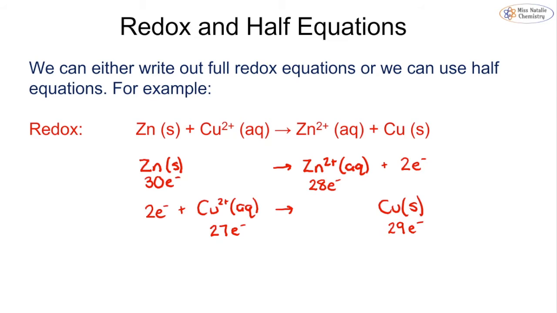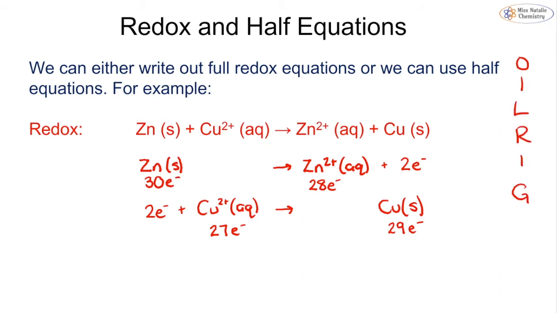I've now figured out that zinc is going to lose 2 electrons to make zinc ions, and copper is going to gain 2 electrons to make copper atoms. So if you remember, we had OIL RIG.